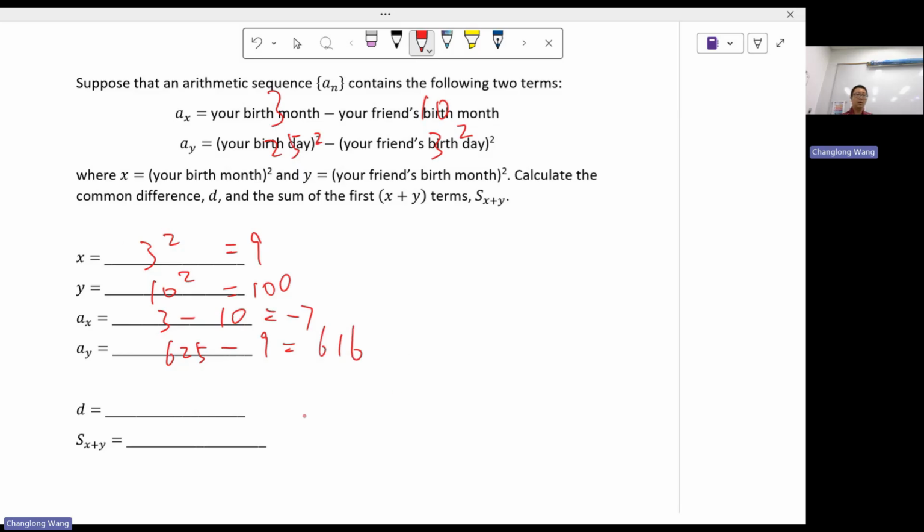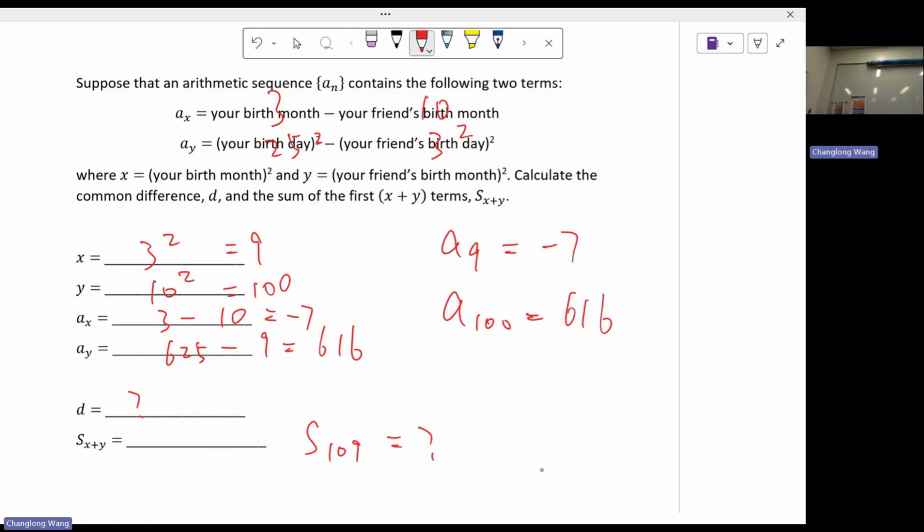So now you have two terms, which says a sub 9 is negative 7 and a sub 100 is 16. So you need to find out the common difference and also the sum of the first 109 terms, right? So that's what you could do, right?